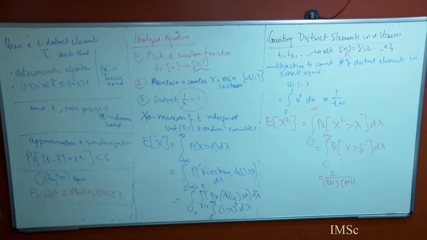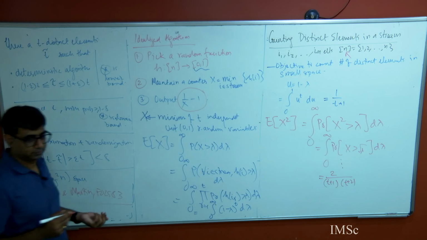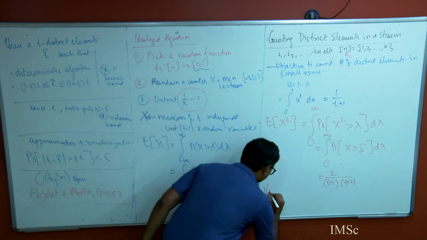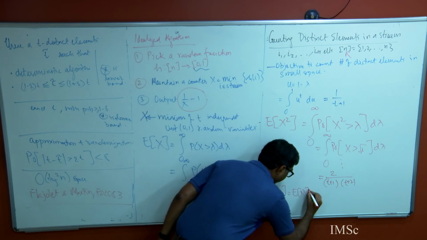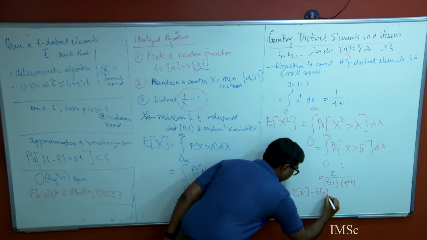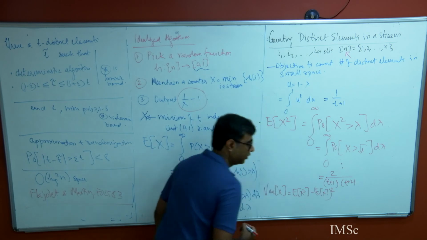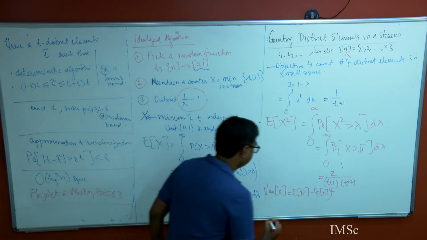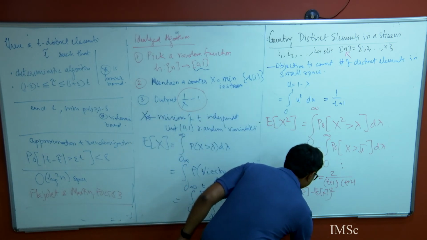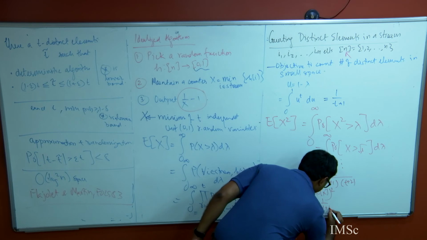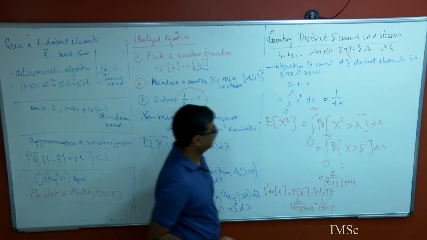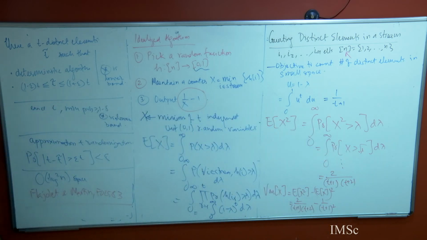Then what is the variance of x? Expectation of x square minus expectation of x whole square, and we have both, right? So this is 2 by t plus 1 times t plus 2 minus 1 over t plus 1 whole square, right?